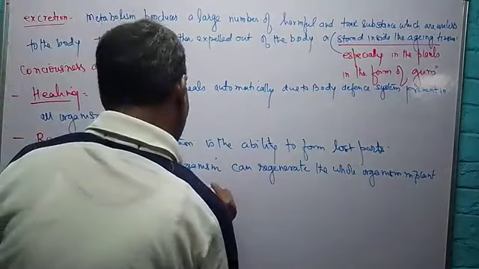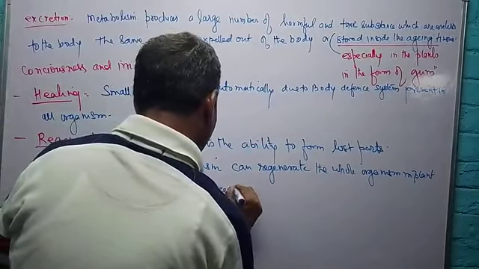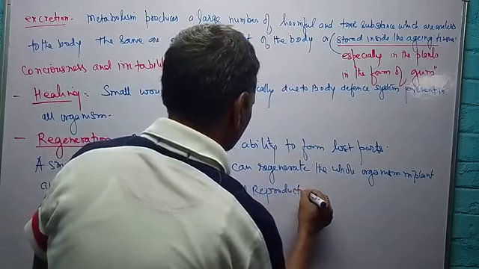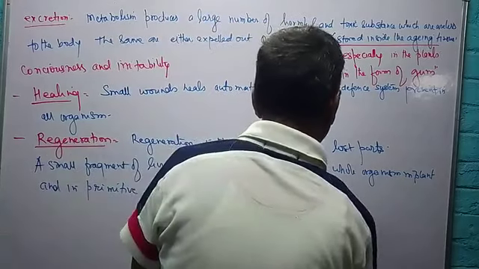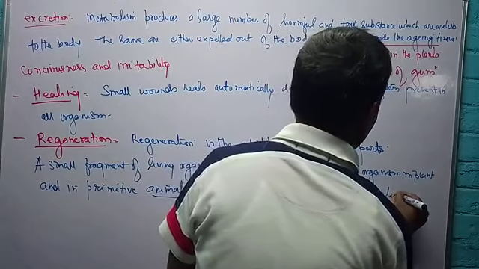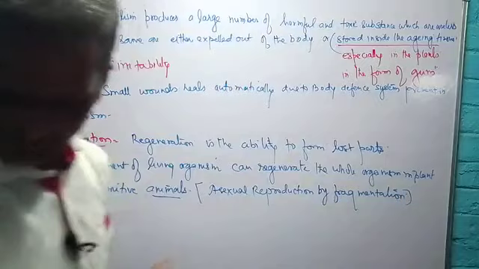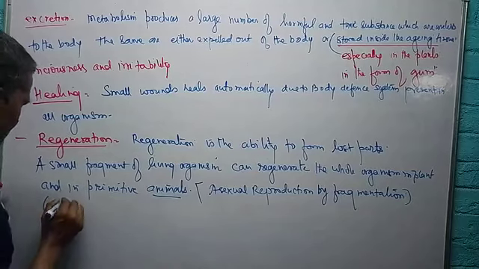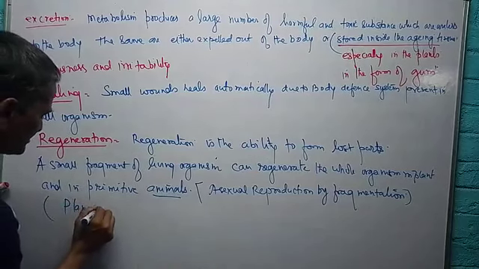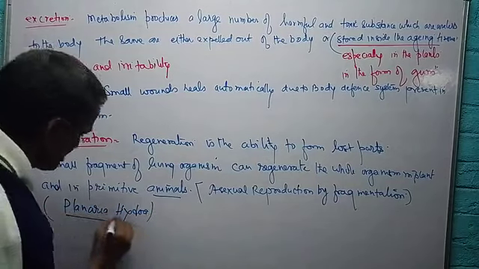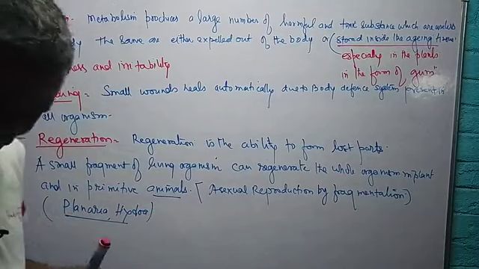This process is called sexual reproduction by fragmentation, found in planaria and in hydra.